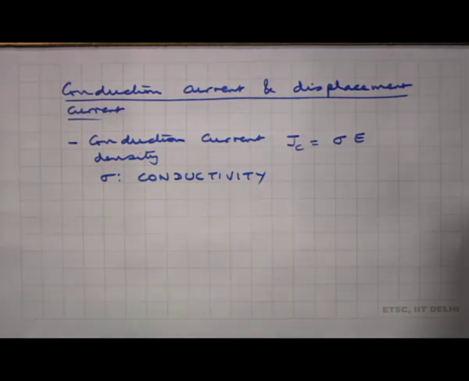So, sigma defines the conductivity of the medium, and the conduction current density is proportional to the electric field.